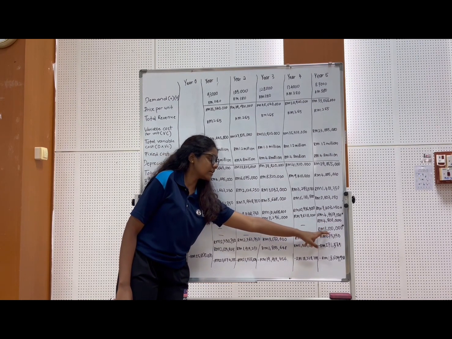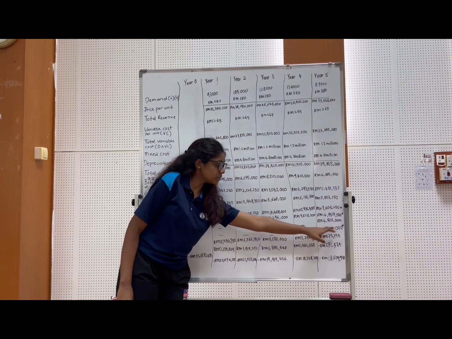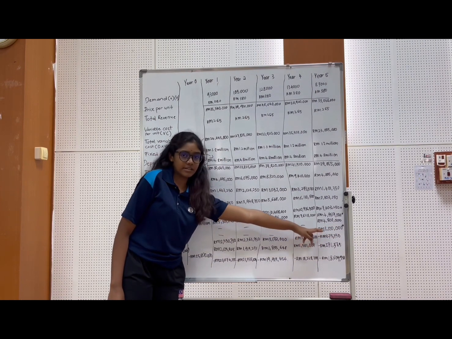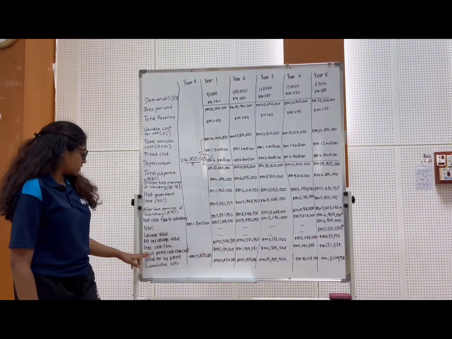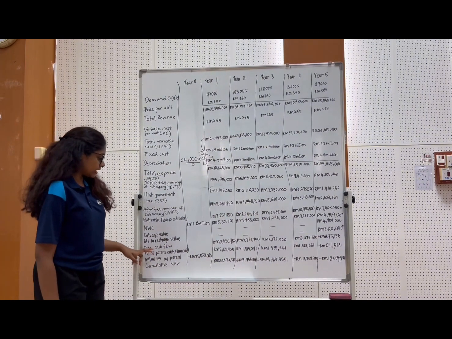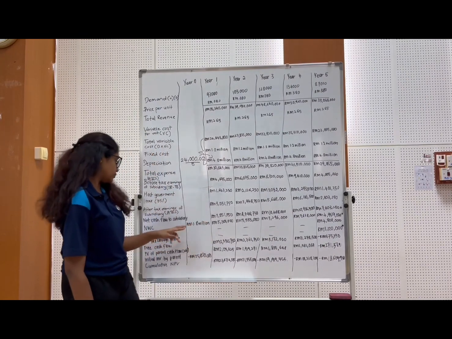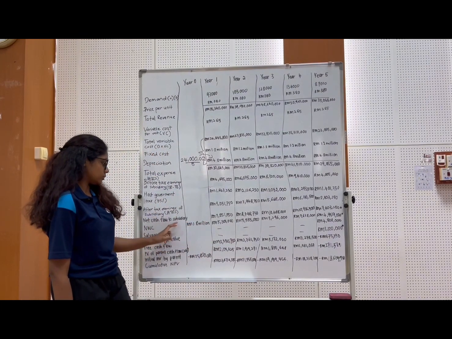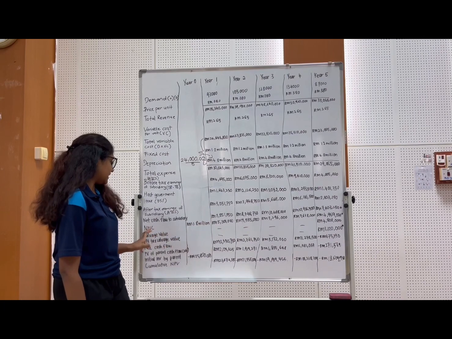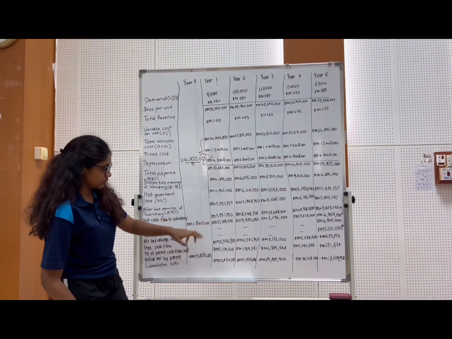So we will get 312,000. That is the after tax salvage value. Moving to the next part, which is free cash flow. To find free cash flow, we have to take net cash flow to subsidiary minus net working capital, these two.